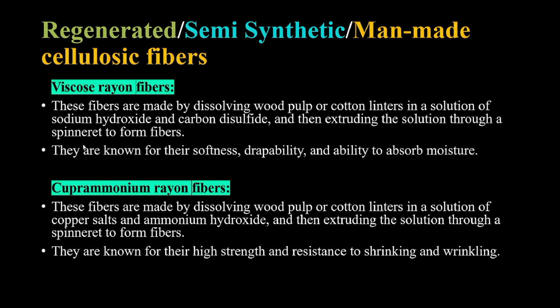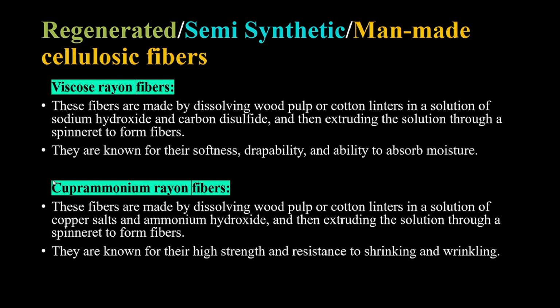They are known for their softness, drapability, and ability to absorb moisture. So the main process of this fiber is dissolving wood pulp in a solution of sodium hydroxide and carbon disulfide. This is the process of viscose rayon fiber.